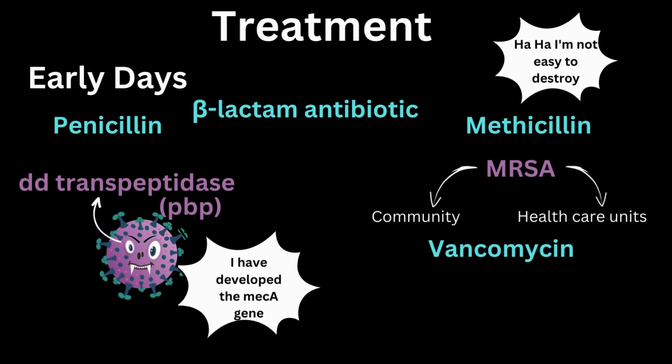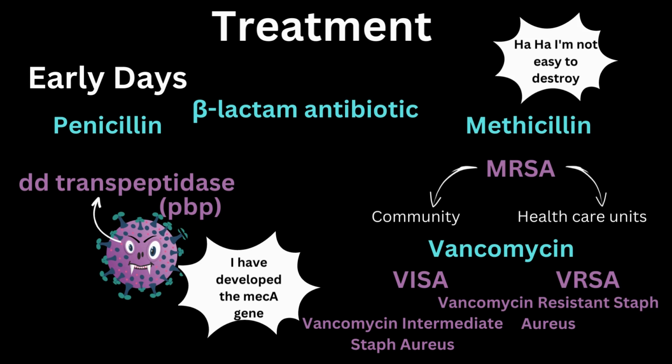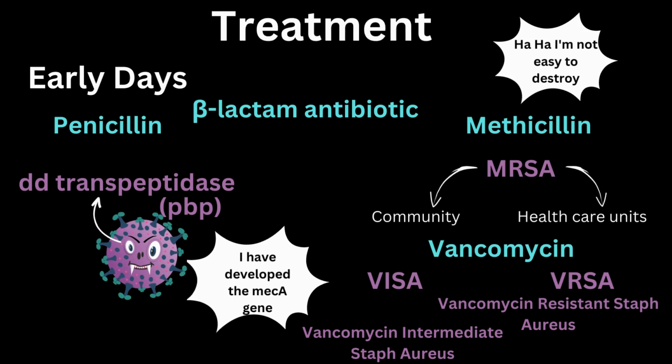One is a strain that has intermediate resistance to vancomycin, and the other is a strain that has complete resistance to vancomycin. The one which has intermediate resistance is VISA, and the one which has obtained complete resistance to vancomycin is VRSA. We currently are in the research stage in order to find an appropriate treatment method for these strains.